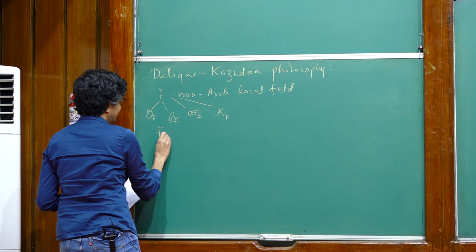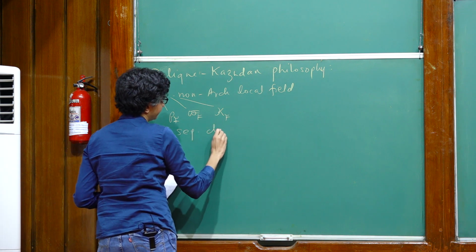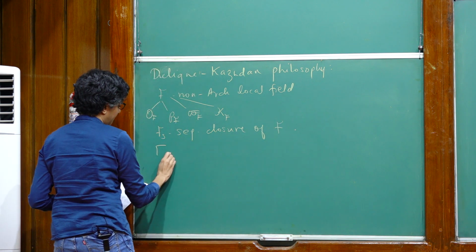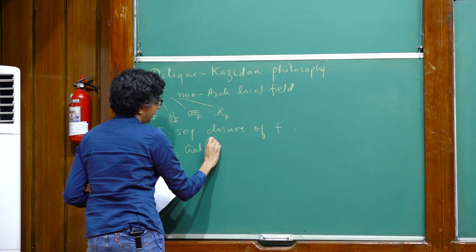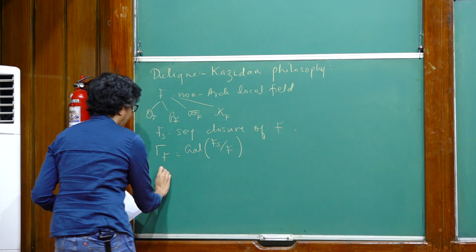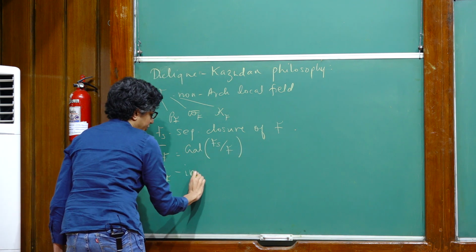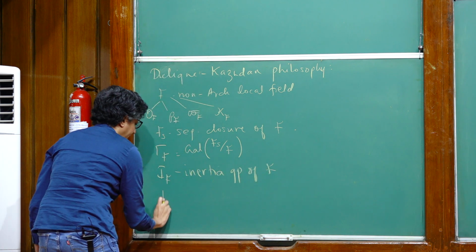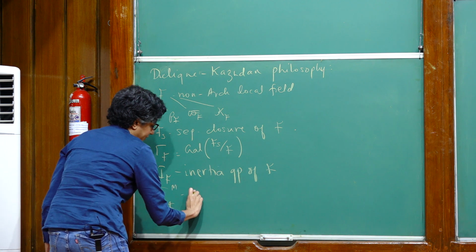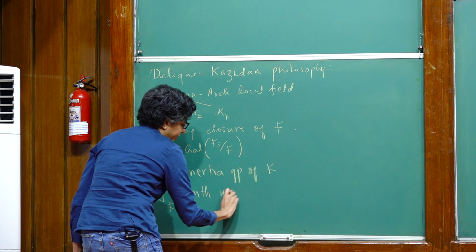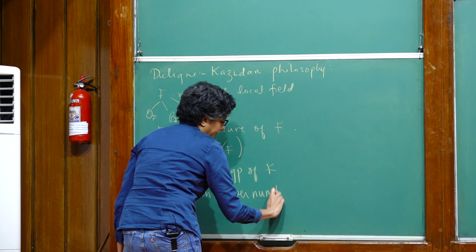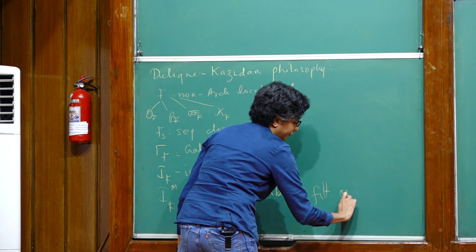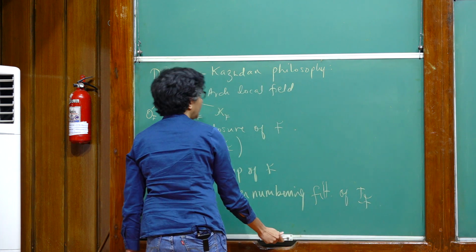And F^s is a separable closure of F. Gamma_F is the Galois group of F^s over F. I_F is the inertia group of F. And I_F^m is the mth upper numbering filtration of I_F.